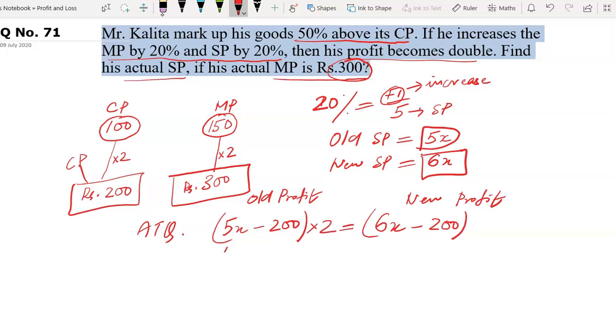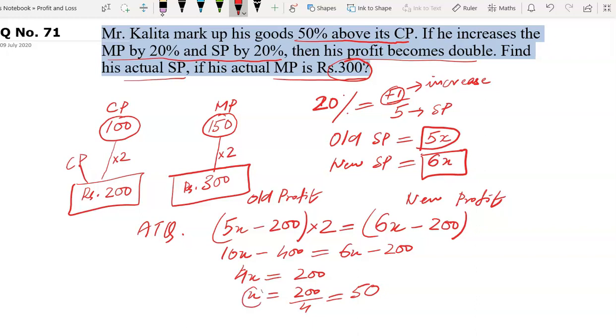Now if we solve this equation, we will get 10x minus 400 is equal to 6x minus 200. So we will get 4x is equal to 200. So x is equal to 200 divided by 4, which is 50. So x is 50.